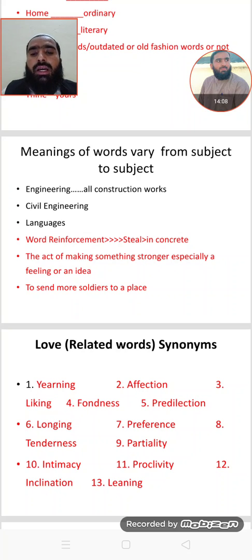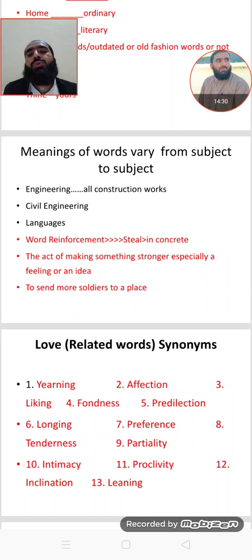In languages and social sciences, the word reinforcement is used with different meanings, like the act of making something stronger, especially a feeling or an idea, or to send more soldiers to a place.